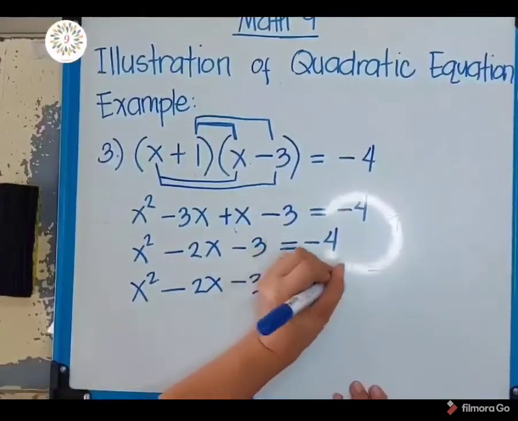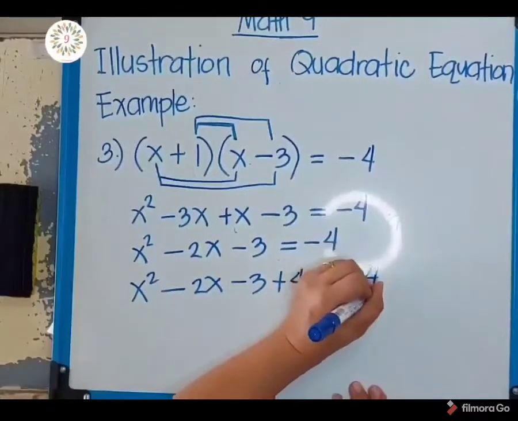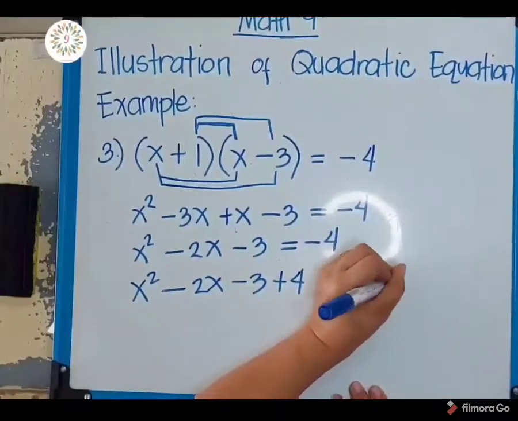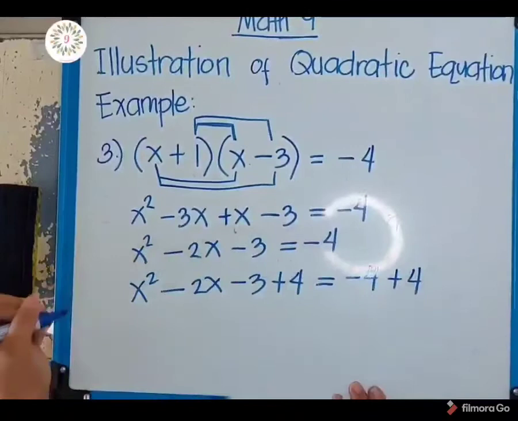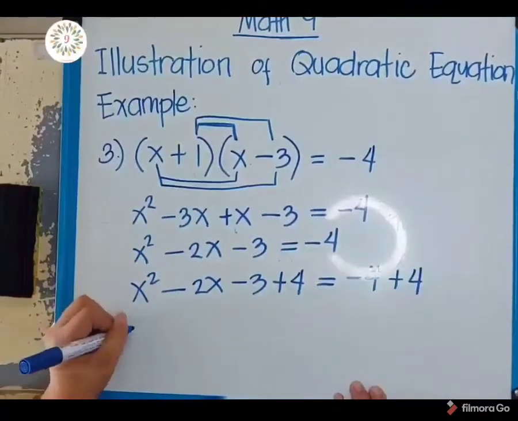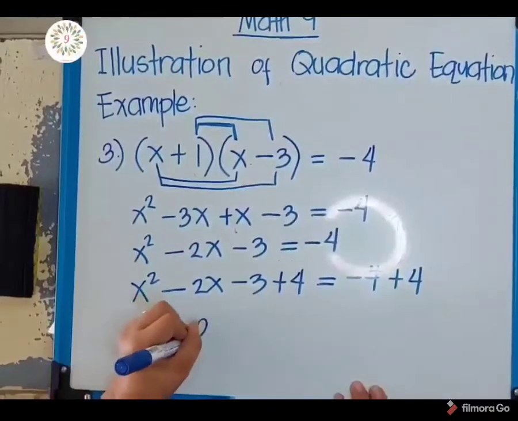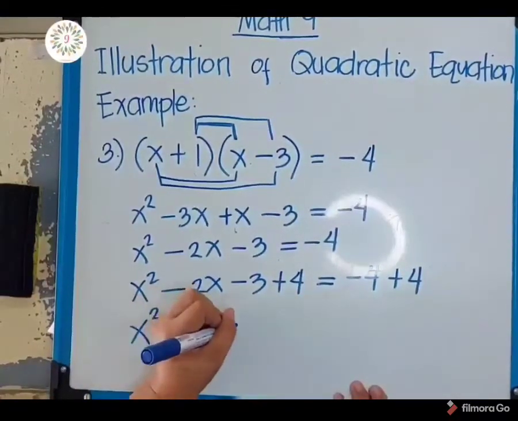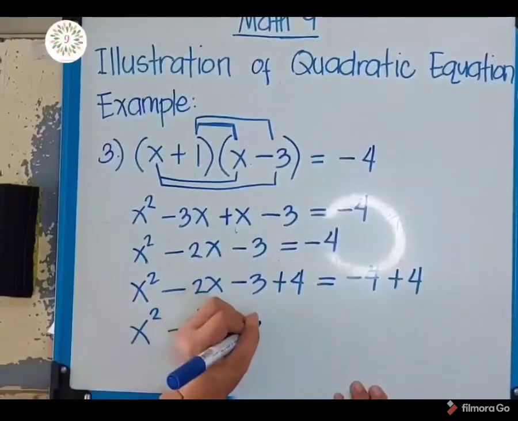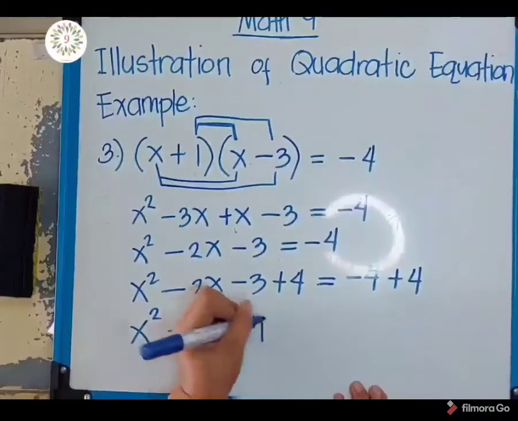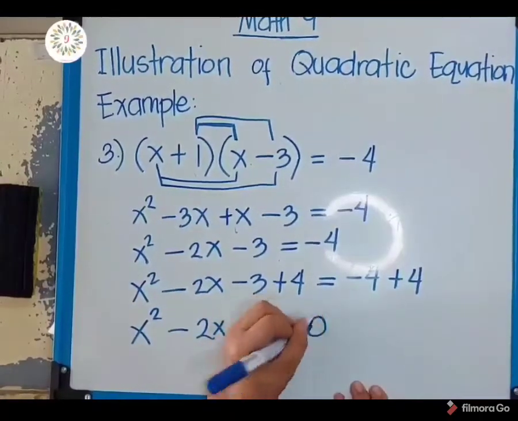Then equals, copy negative 4, and then add positive 4. So the final equation is x squared minus 2x plus 1 equals 0.